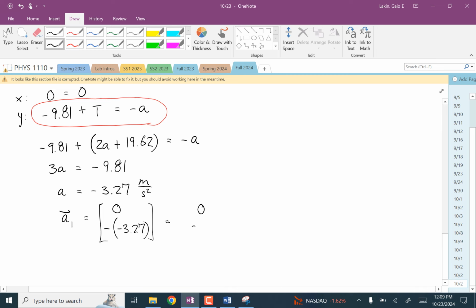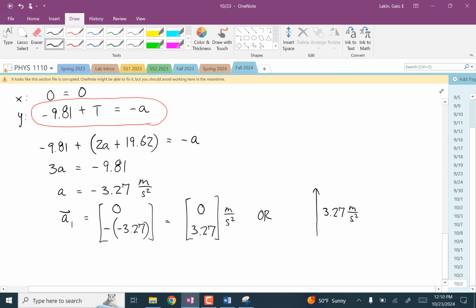Or in other words, 0, positive 3.27. Or you can think of that as in the positive direction, 3.27. Any questions about that?